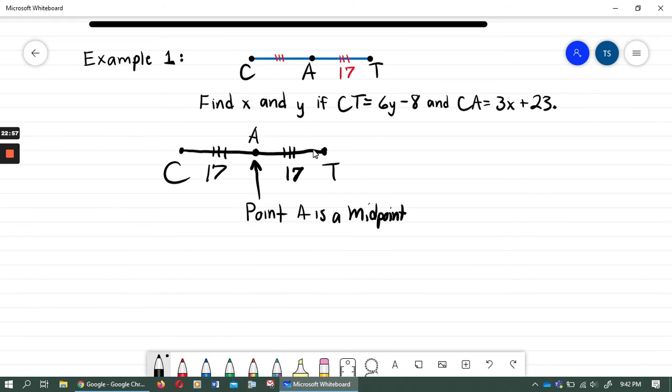That's what congruency means, that they have the same measure. So if that one's 17, this one's 17.